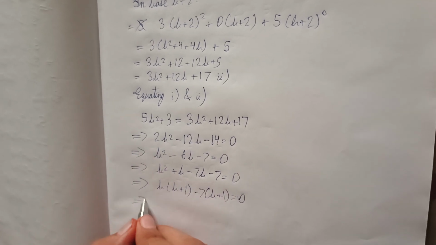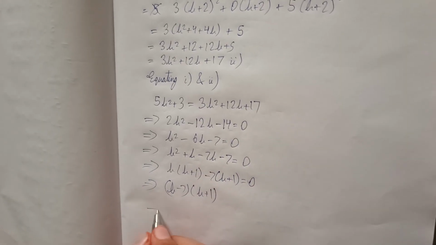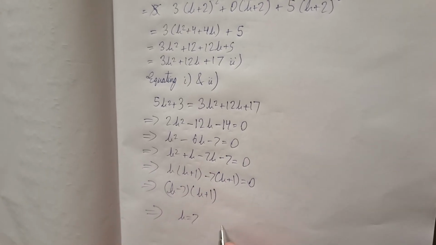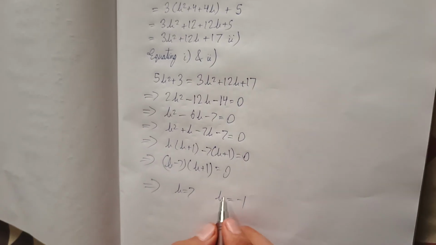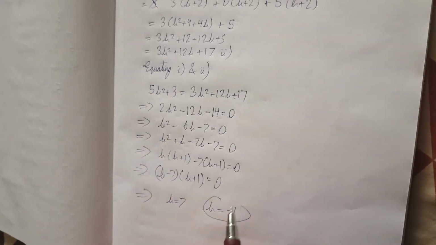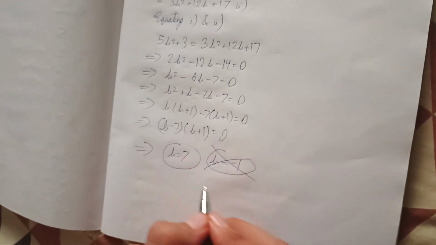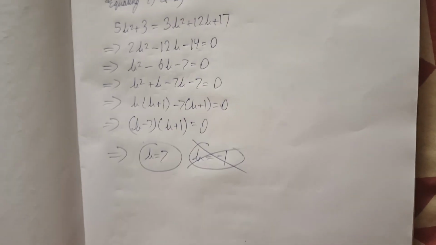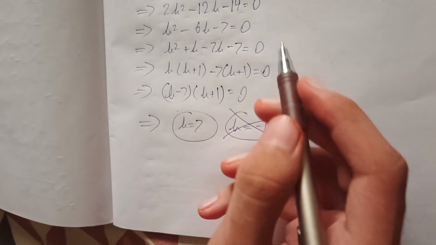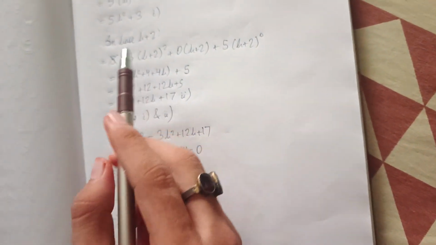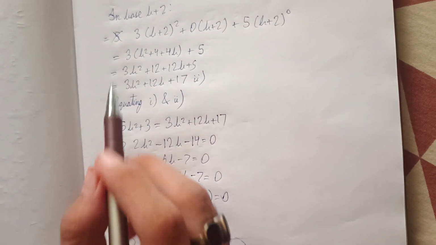We'll get 2 roots of the equation, this and this. Now bases are always positive, so we will reject this value for a question and only consider the positive root of the equation. Now when we're going to put this value of b in either of these equations, preferably the first one since it's much simpler, we'll get the value of n as it is in base 10.